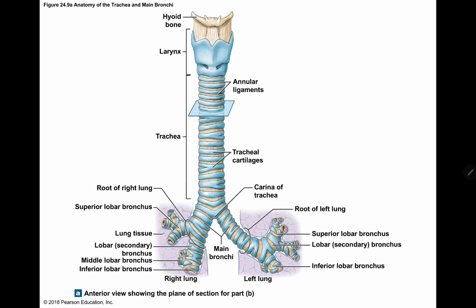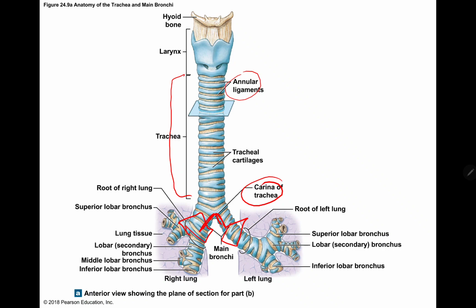As you can see, right here are those annular ligaments that bind each cartilage to another. Notice how it bifurcates right here at the carina. That's where it splits off into the left main bronchus and the right main bronchus.